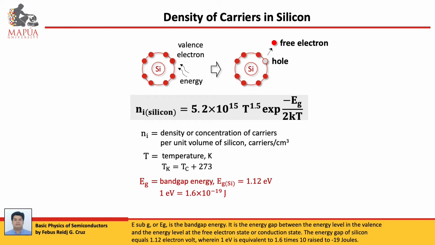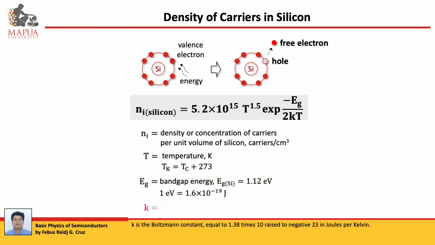The energy gap of silicon equals 1.12 electron volt, wherein 1 electron volt is equivalent to 1.6 times 10 raised to negative 19 joules. K is the Boltzmann constant, equal to 1.38 times 10 raised to negative 23 in joules per Kelvin.